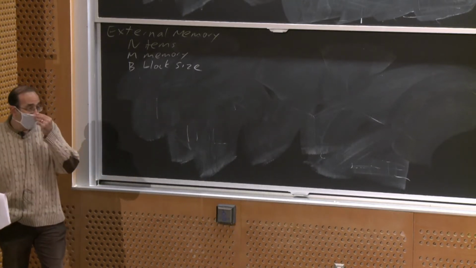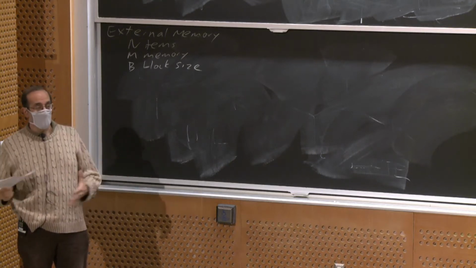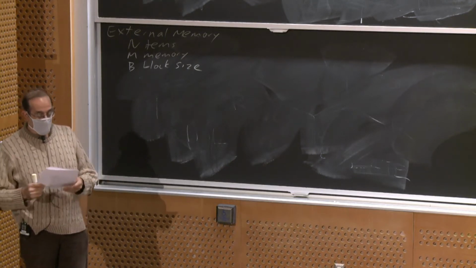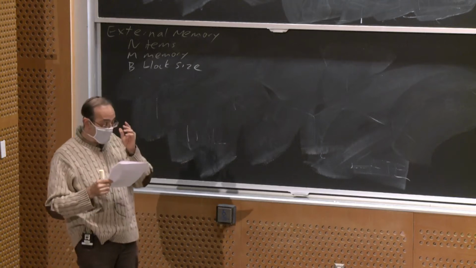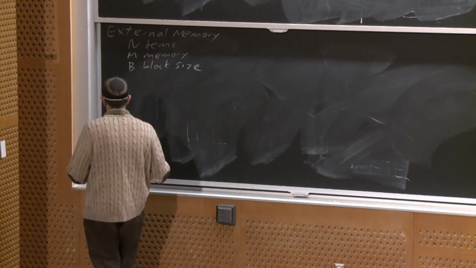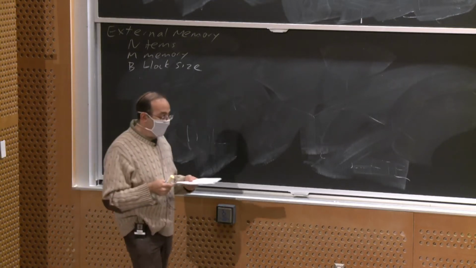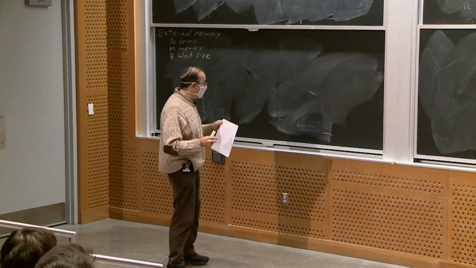And we tried to develop ways to arrange the data layout so that we could keep that number of block accesses small as we proceeded. And we looked at a few things. We looked at matrix products. We looked at linked lists. At the end, we talked about search trees.